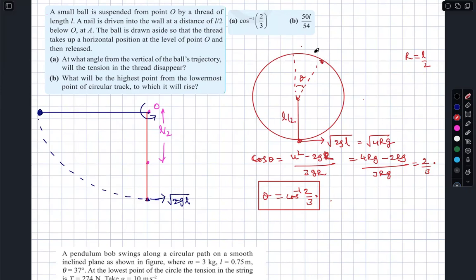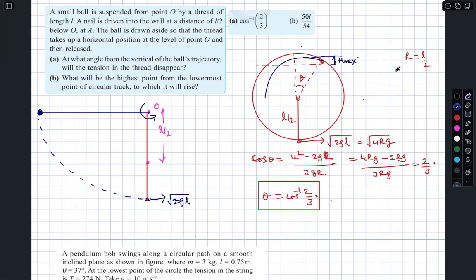Now try to please understand. Now it will take a projectile path, like this. So what will be the highest from the lowest point of the circular track? This is H max.